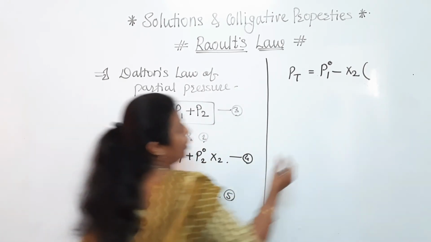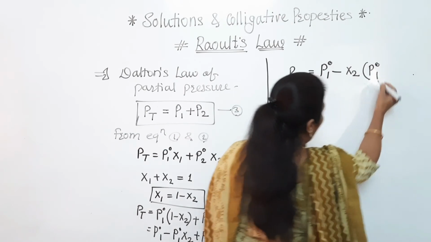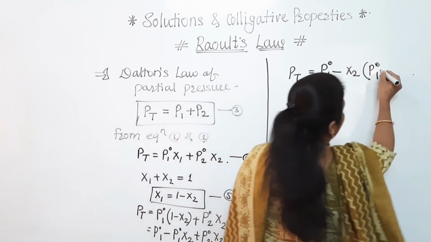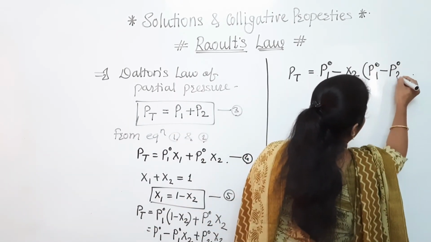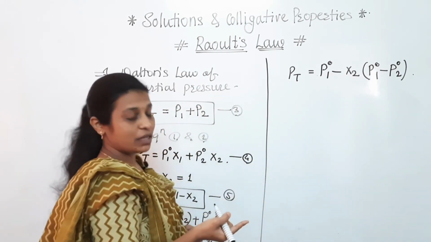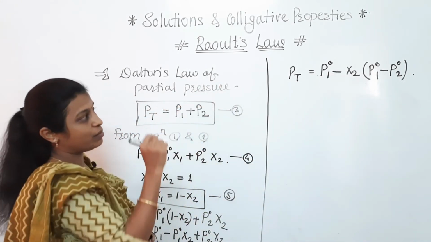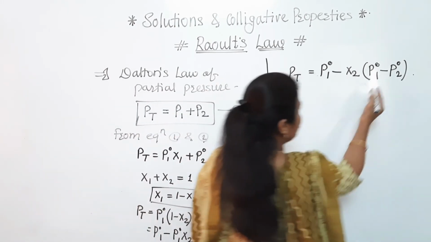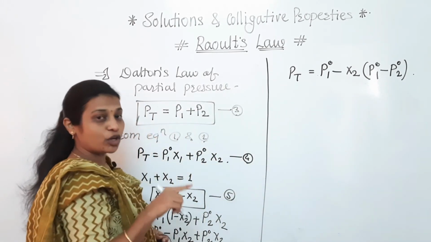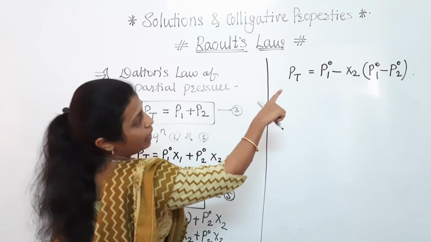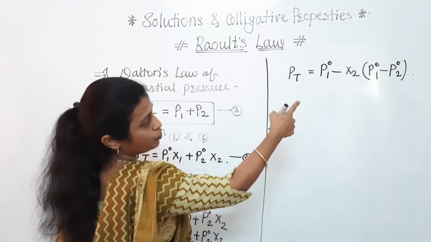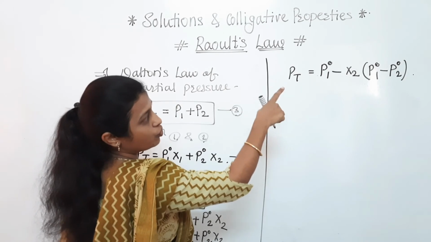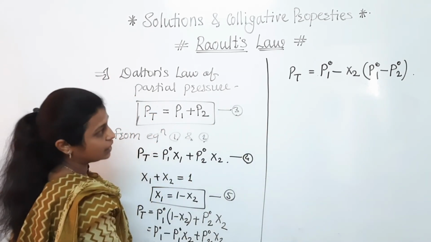In the bracket, what will be here? Instead of plus, we are writing minus, because after multiplication we should get the same equation. Now see, minus x2 into P01 is minus P01 x2, as we are getting here.